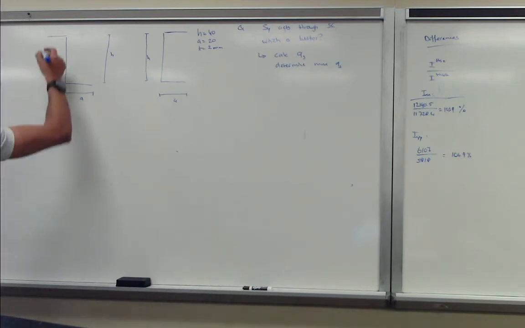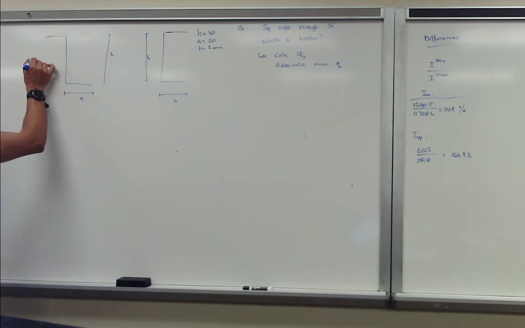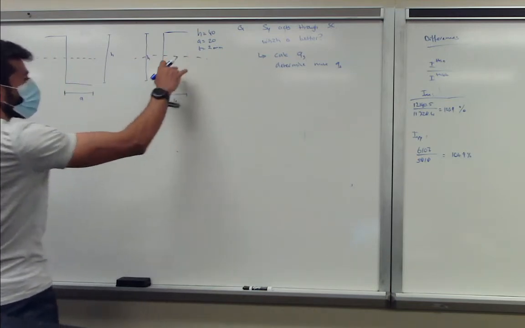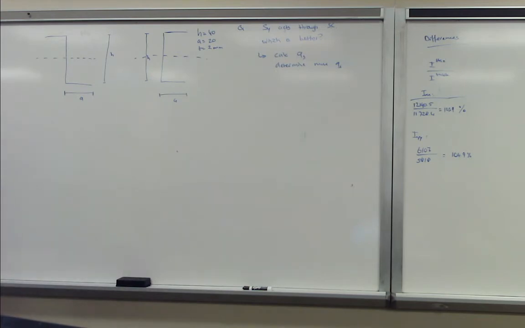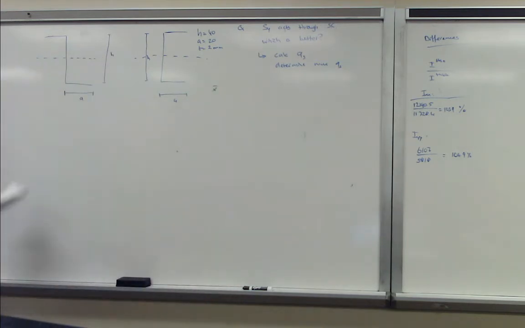So again, we have to calculate the centroids first, and we know this one has at least one axis of symmetry, so this one is relatively easy. So in this case, we still have to calculate the centroid, the x bar location, and this one, you actually don't have to calculate, you can justify it by looking at it.